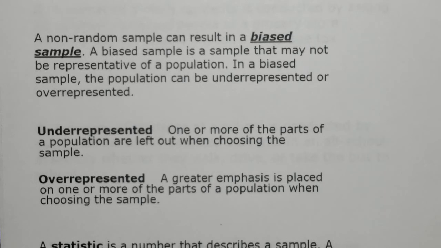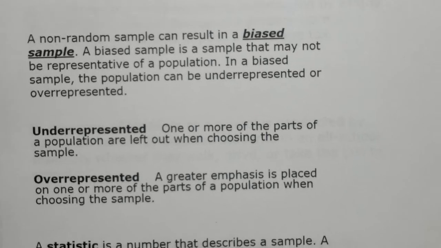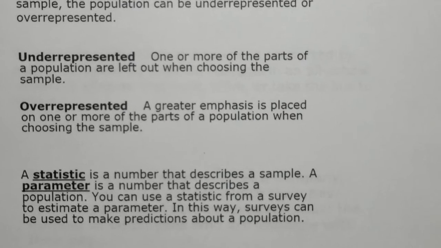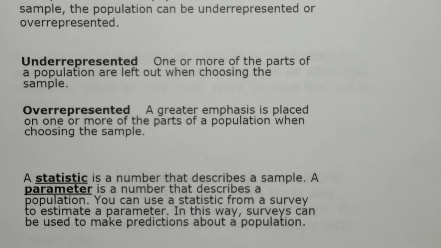We also have a biased sample. That is when it does not represent the population. It is biased, either over or under representing a group. And then we have a statistic. A statistic is a number that describes the sample, the small group. A parameter is the number that describes the population.